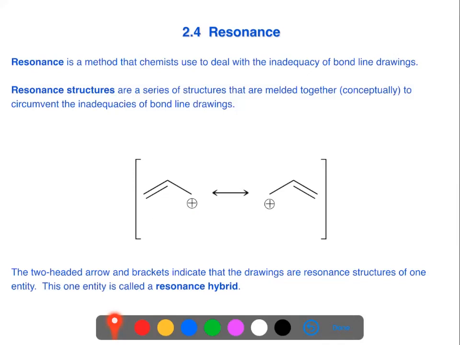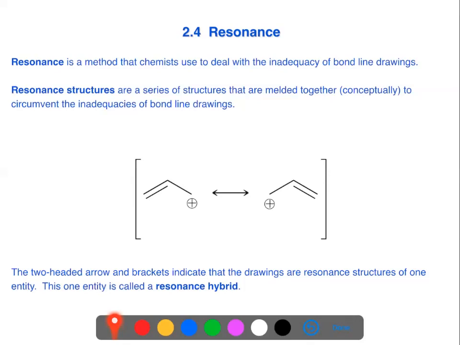And so we use this double-headed arrow to represent that these are hybrid structures of one another. So the 2-headed arrow and brackets indicate to you that these drawings are resonance structures of one particular entity or one particular molecule. And this one entity is called a resonance hybrid.